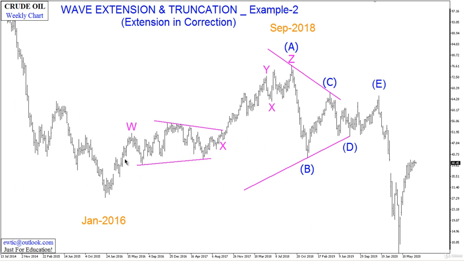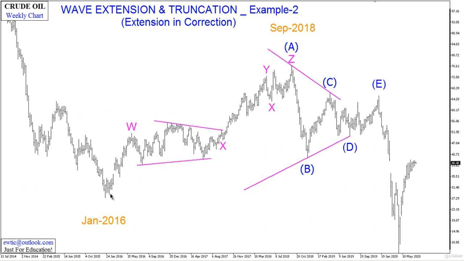We are having a look at this pattern that initiated on January 2016, and this wave A ended in September 2018. This is a triangle. The trend was to the downside. Then we got this correction, and after the completion of the correction, the trend resumed to the downside. So in this triangle, this wave A has clearly extended.